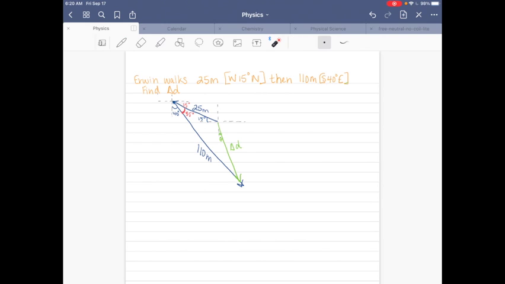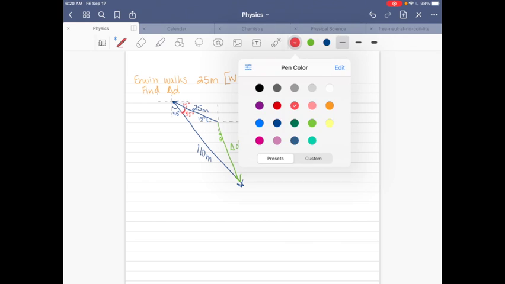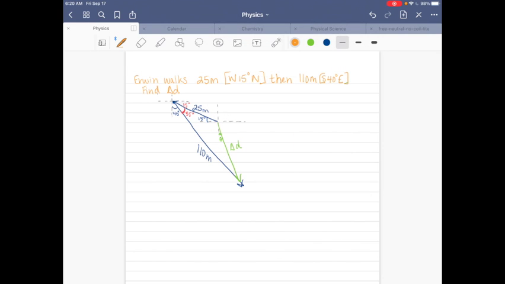Okay, so now I know a side, an angle, and a side, and that angle is included. So I have side, angle, side, thus I can use the cosine law. Before I start to do the cosine law, I'm going to assign the different sides of my triangle.